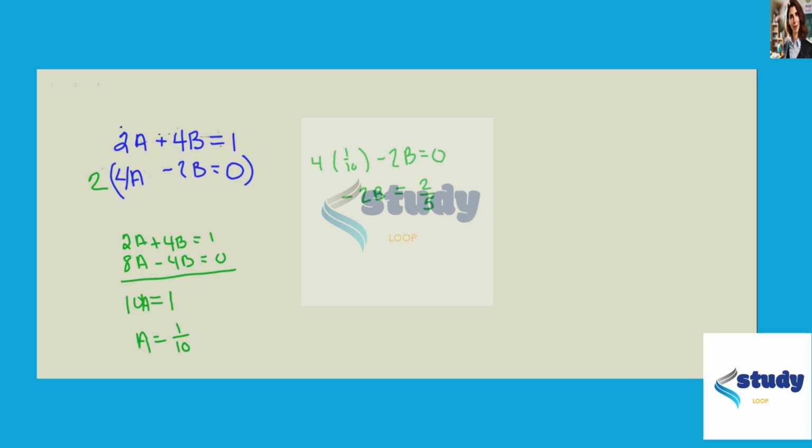Subtracted from both sides, I have negative 2b equals negative 2/5. Multiplying both sides by negative 1/2, b equals 1/5.